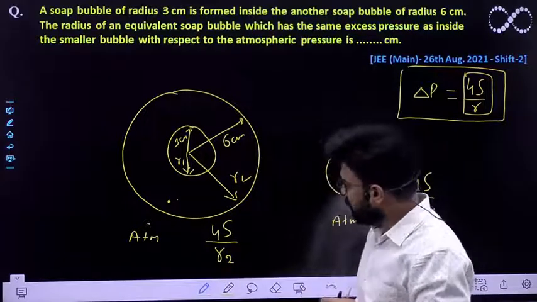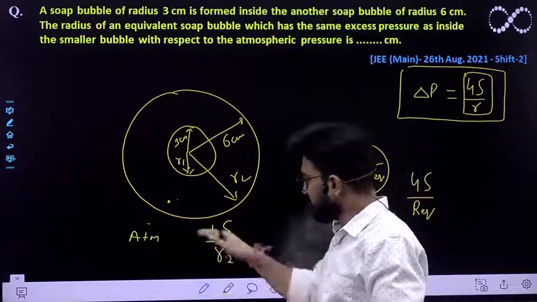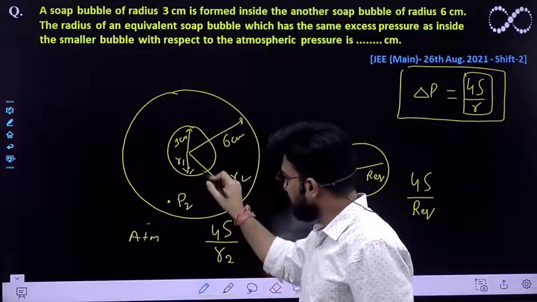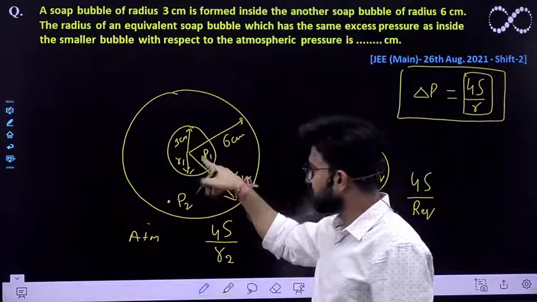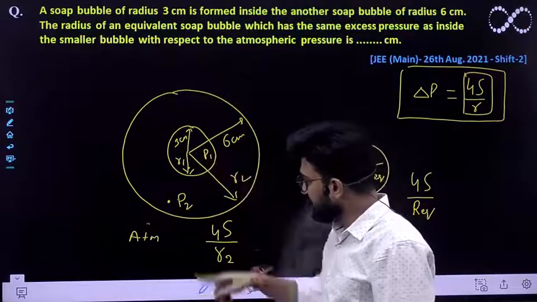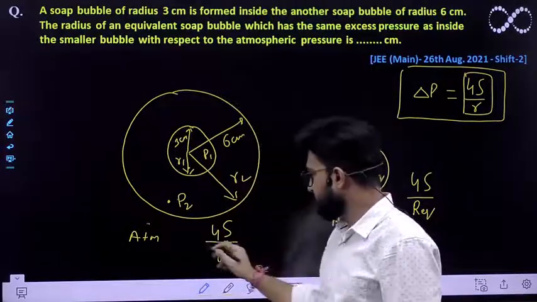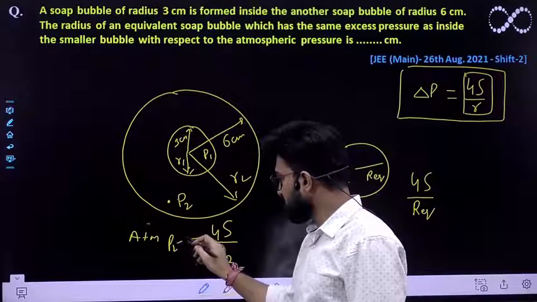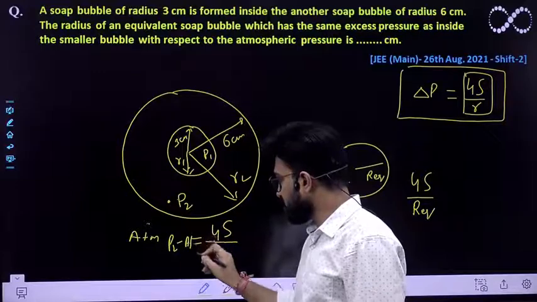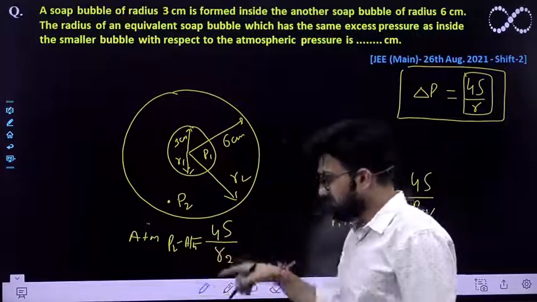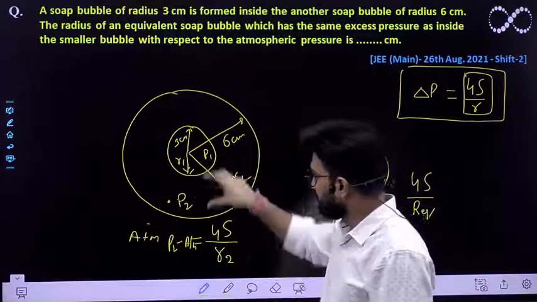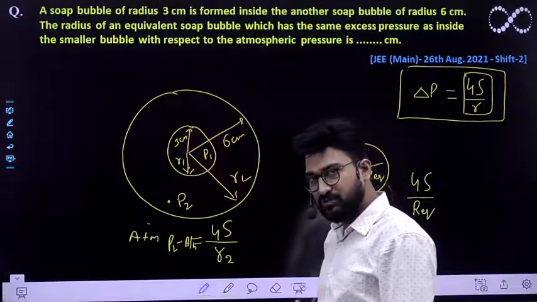Let the pressure inside the bigger bubble be P2, and let the inside pressure in the smaller bubble be P1. So this is equivalent to P2 minus atmospheric pressure. This is the excess pressure inside the bigger bubble. What about the excess pressure inside the smaller bubble?